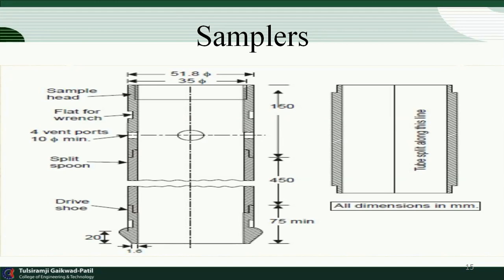It is also provided with the split spoon and drive shoe, and various dimensions are shown in the figure. Basically, samplers are useful for the collection of various soil samples. So as per the requirements, we use various types of samplers at various sites.